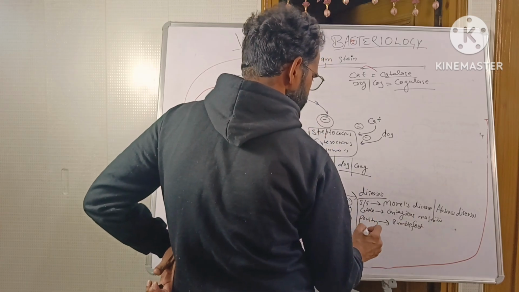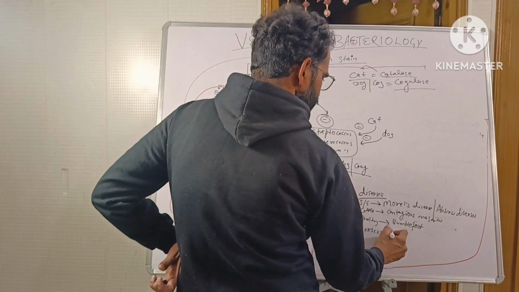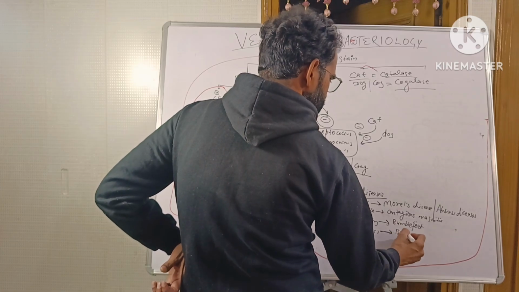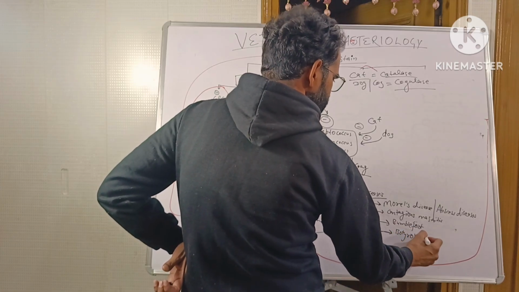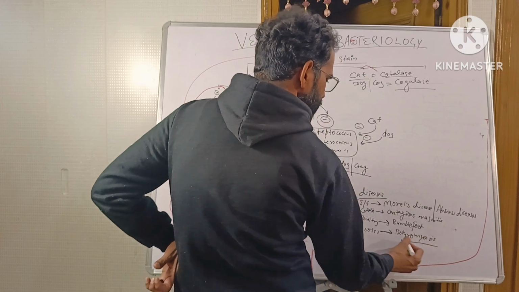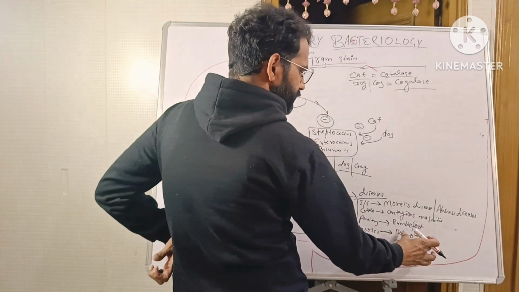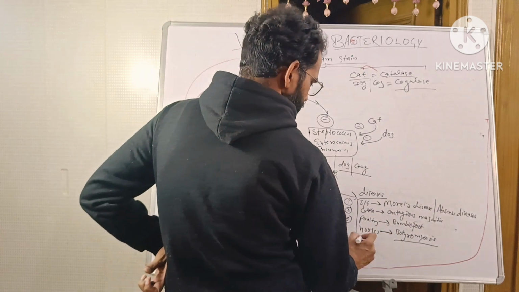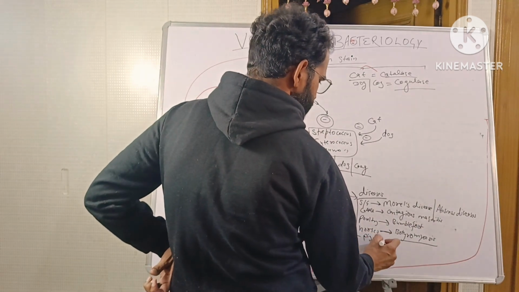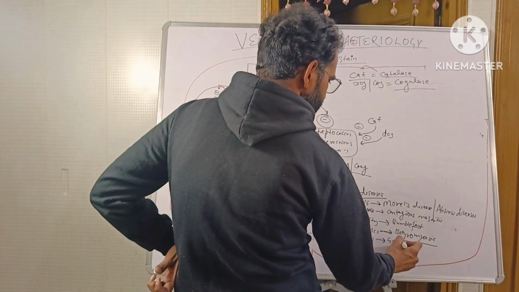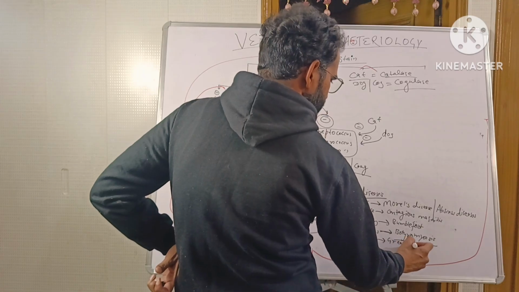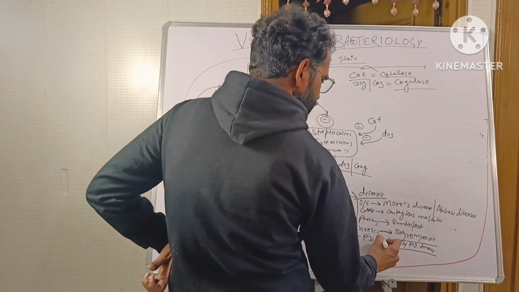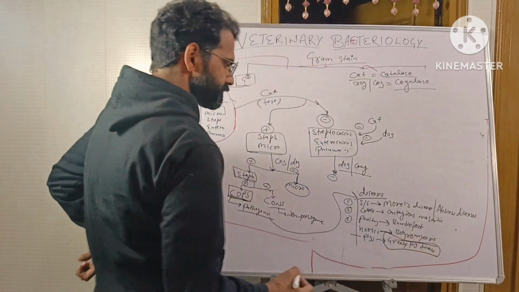In case of horses, after castration or gelding, they can cause botryomycosis. That is infection post castration. In case of pigs, they can cause greasy pig disease, or exudative dermatitis.